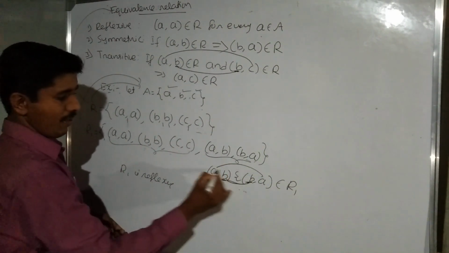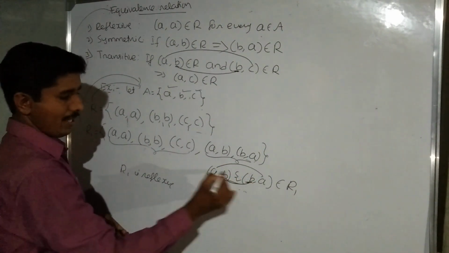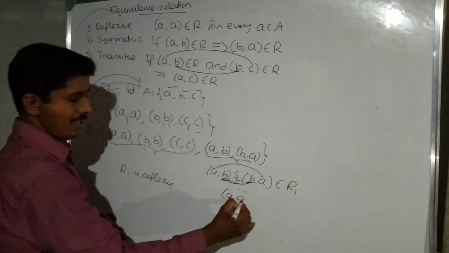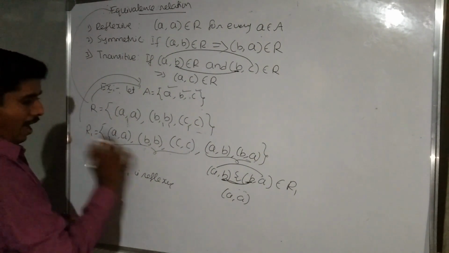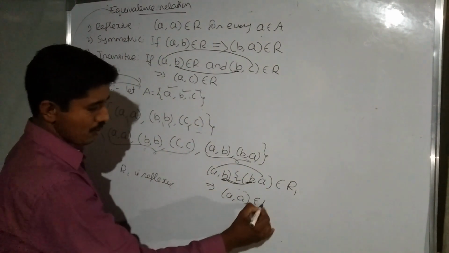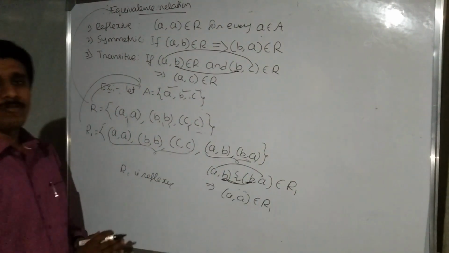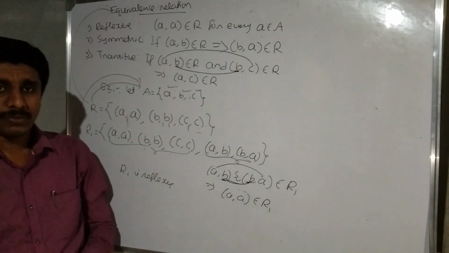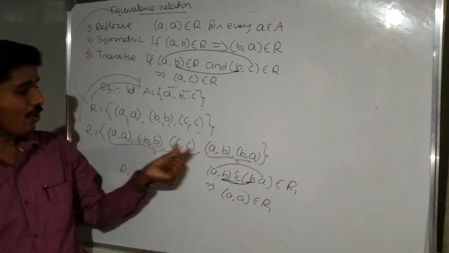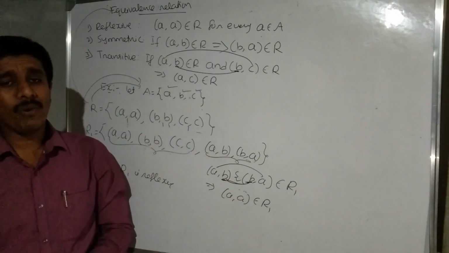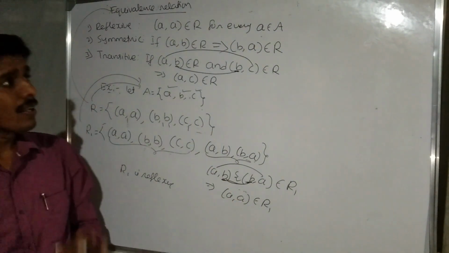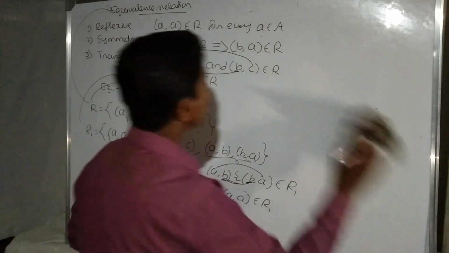What is the relation between your first one and the last one? A comma A belongs to relation, that is A comma A belongs to R1. Therefore R1 is transitive. Clearly it is reflexive, symmetric and transitive. Therefore it is an equivalence relation. Next example.